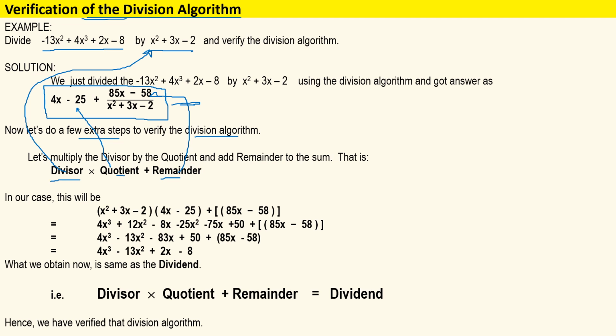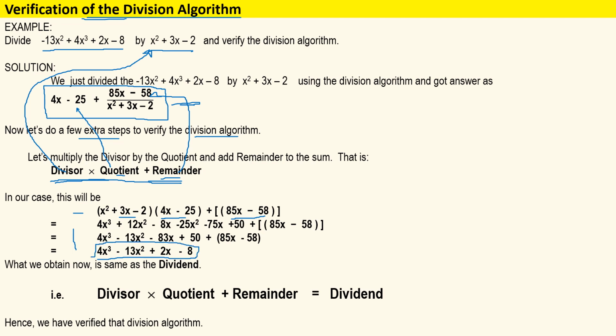So when we multiply the divisor and the quotient and then add the remainder, we get (x squared plus 3x minus 2) multiplied by (4x minus 25) plus (85x minus 58). Once we simplify it, we get 4x cubed minus 13x squared plus 2x minus 8.